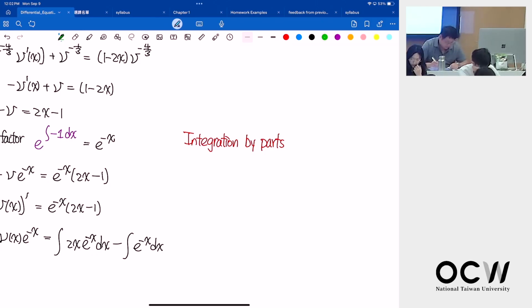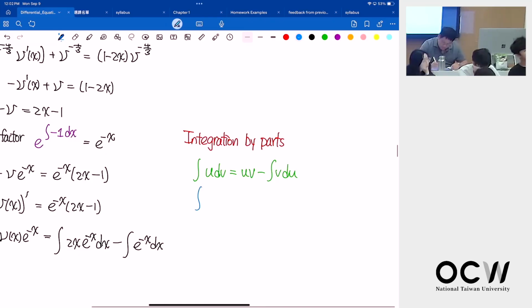Integral of u dv equals uv minus integral of v du. For example, integral of x d e to the x, that is x times e to the x minus integral of e to the x dx.